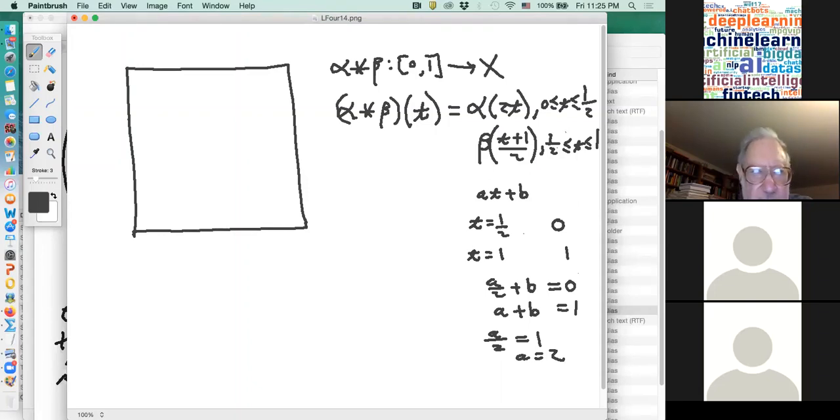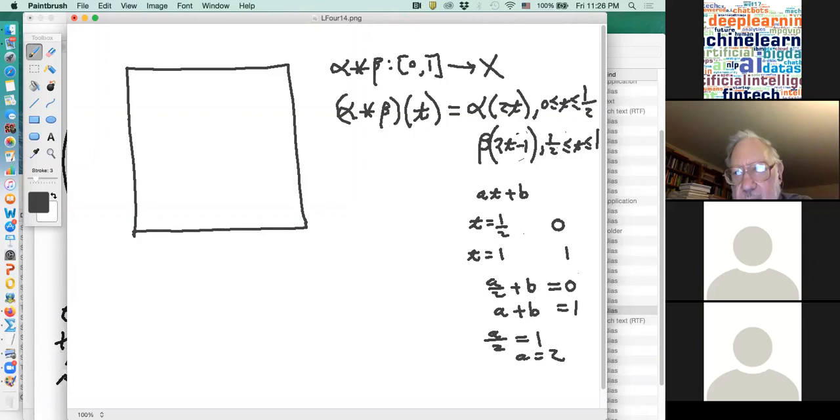So that says that this should be equal to 2t minus 1.